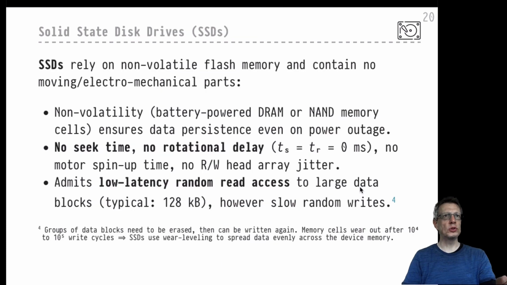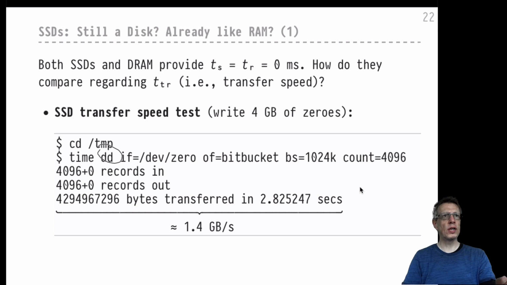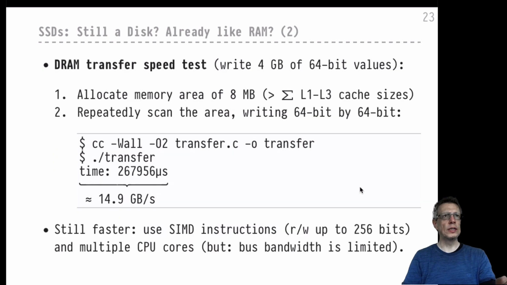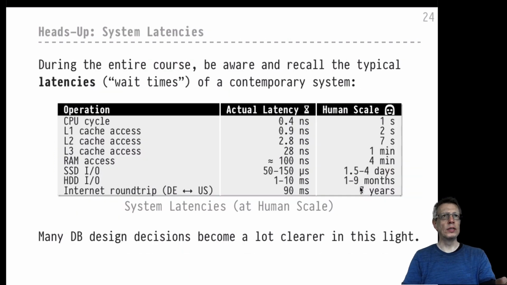These are the transfer speeds. There's another component to consider, and that's the so-called latency. How long do we have to wait until we can write or read the first byte to a particular device? That's the actual latency.